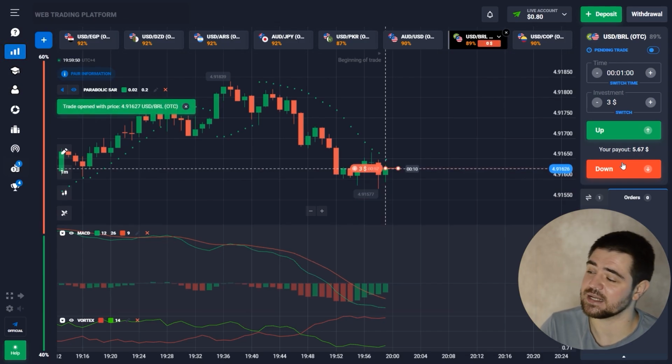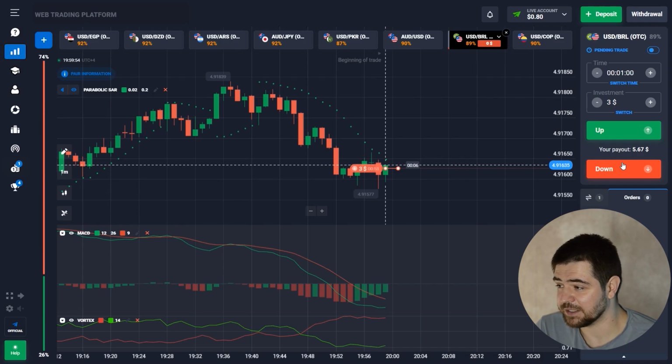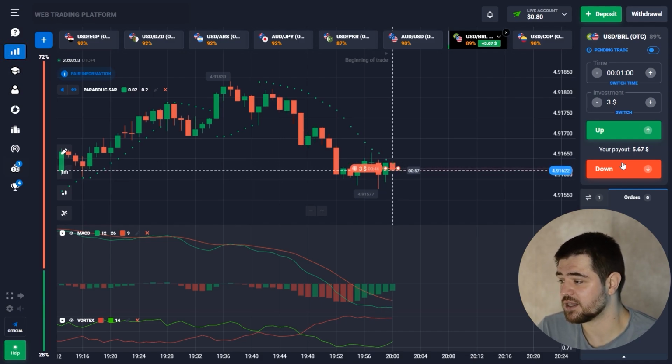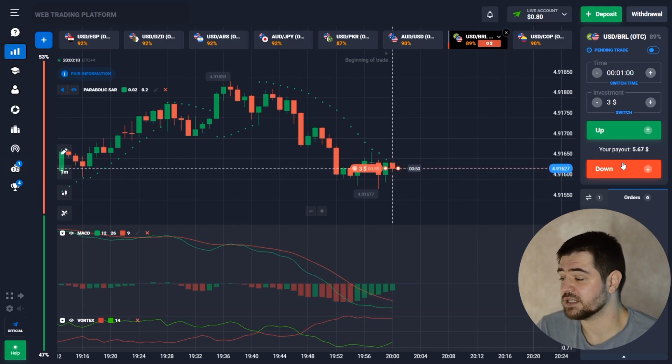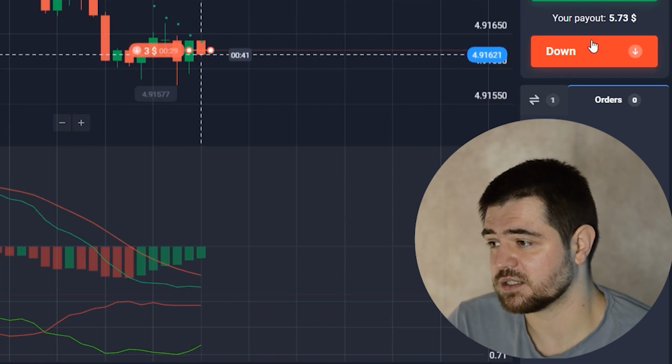Let's go ahead and place our next option. I've made a put option here, and why did I do that? We see the Vortex, which is showing us that the dominant trend here is the downtrend, the bearish trend, and this is exactly the idea behind this decision.